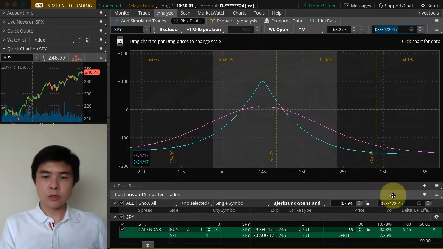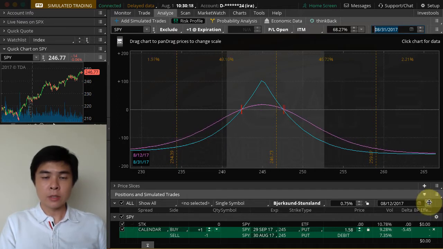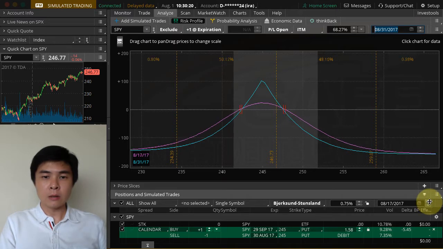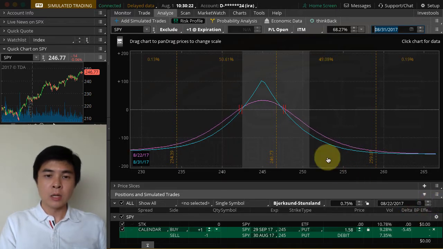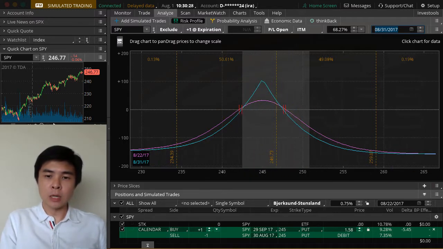Now, how does the calendar trade perform over the course of 30 days? In order to see that, what you can do is increase the dates slowly one by one. This is how a calendar spread will look like. The purple line is the T+0 line. You will see it try to morph into the cyan blue color line.